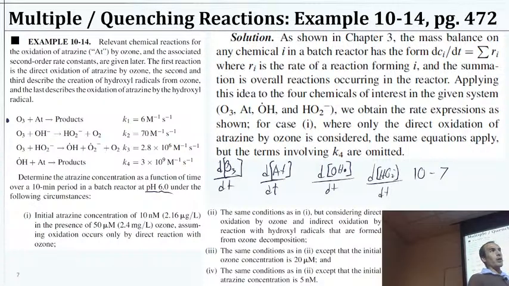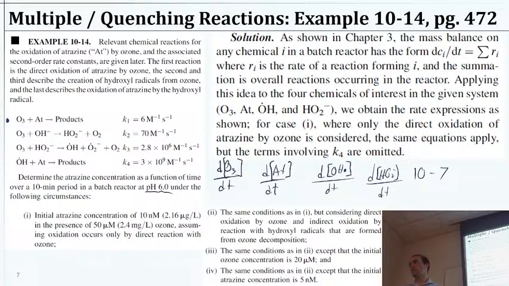We're going to do 10 minutes total. So we're going to do the first step with the initial conditions. And we have the rate constants, we have the initial concentrations, and this is our only reaction that's changing atrazine. So step 1 is fine. We encounter that and we calculate it. Then we move on, and in step 2, now we also have to calculate how our ozone changed.